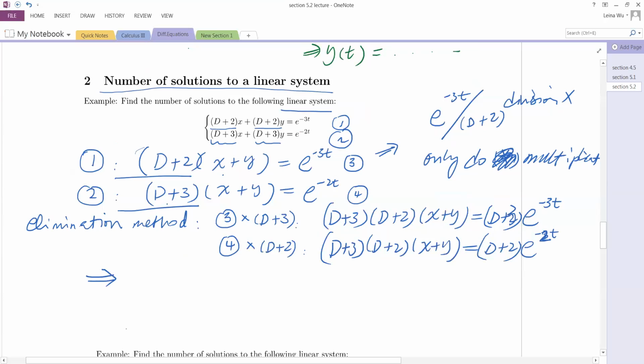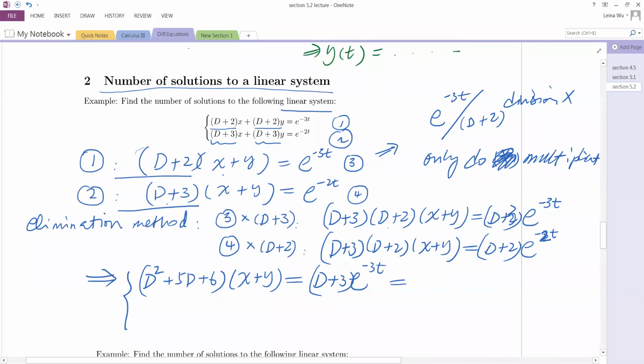Let's see what this turns out to be. We have D squared plus 5D plus 6 of x plus y equals D plus 3 e to the negative 3t. What is D plus 3 e to the negative 3t?